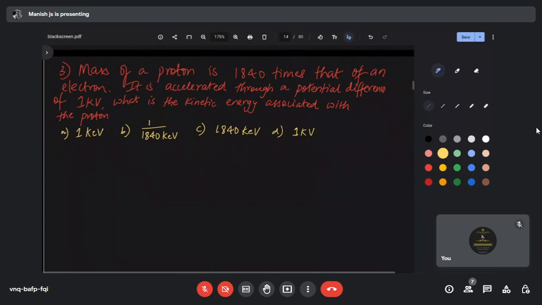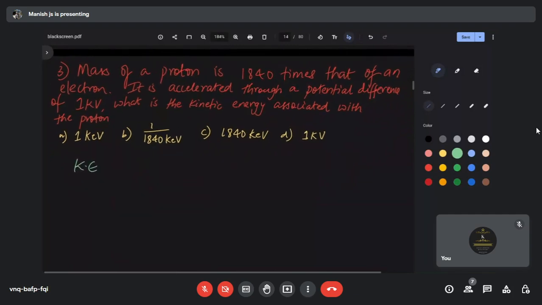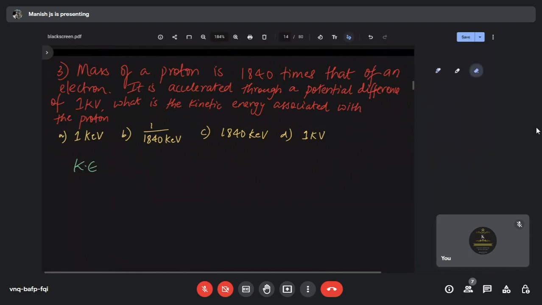Okay. So what is the formula you used? Sir, kinetic energy is equal to charge into potential difference. Yes. It's basically an application of the work energy theorem.